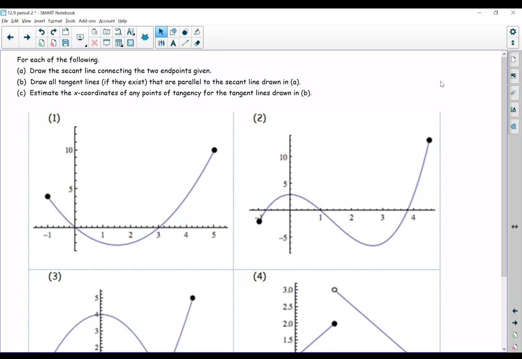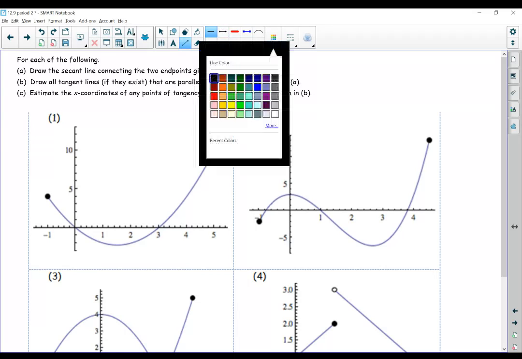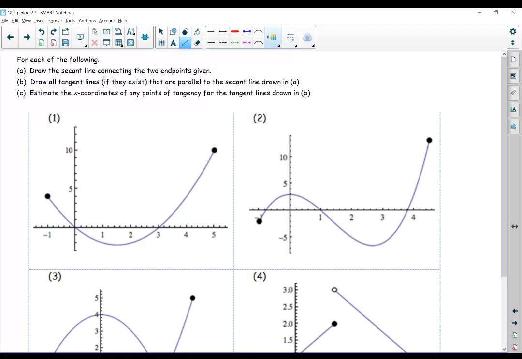So I'll go ahead and we'll do one together, and then I want you to pause me and try the rest. So I'm going to draw the secant line through the 2 endpoints. So that would be the secant line.